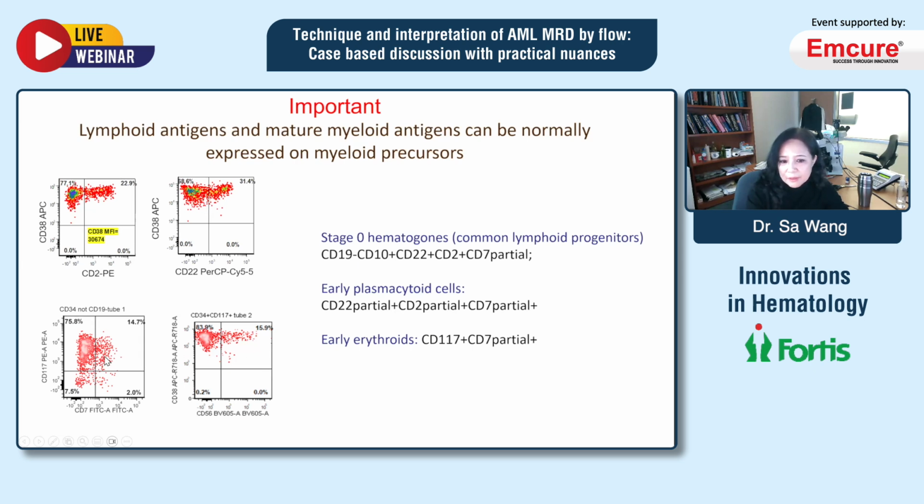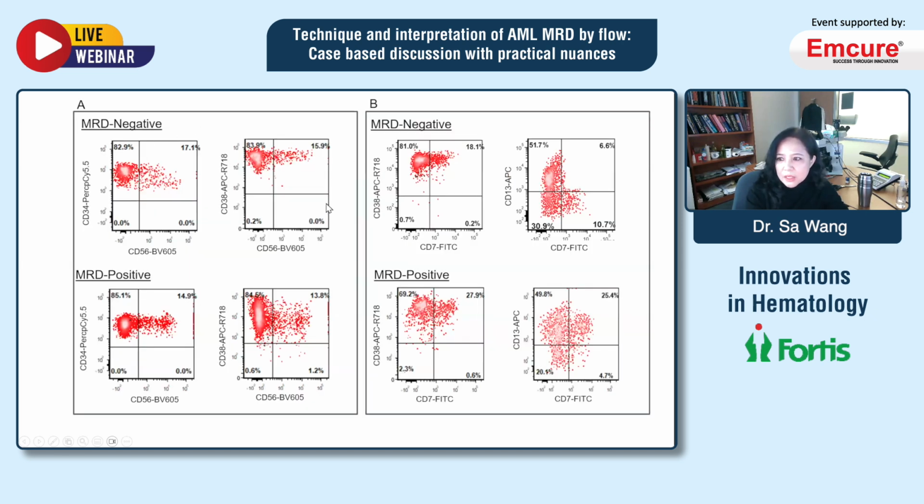Even CD7 and CD56 can be seen in regenerating myeloid precursors, or erythroid precursors, which usually show partial CD7. So to evaluate the lymphoid antigens, how do you know it's not reactive? How do you know it's true expression? It's very important to look versus other combination markers. I just made these figures for our next publication. So this is the regenerating CD56.